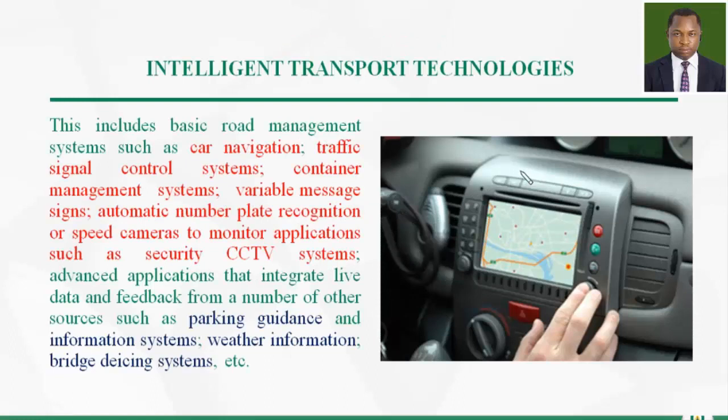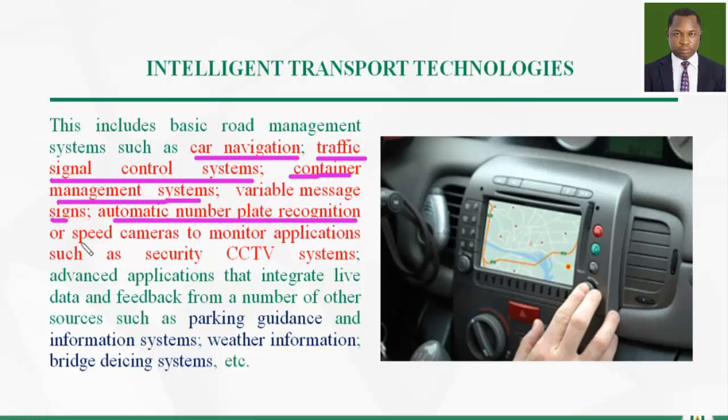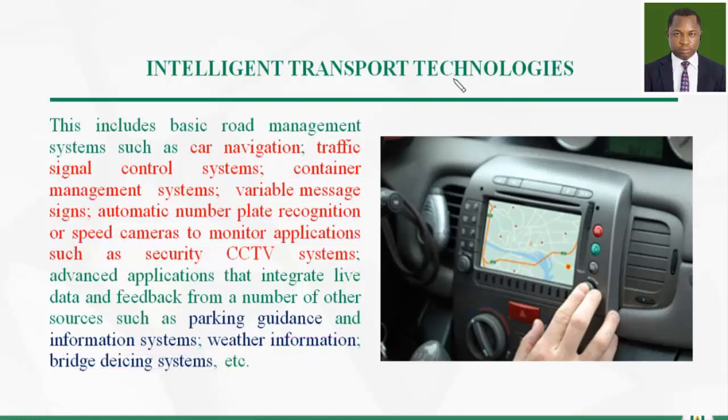This includes basic road management systems such as car navigation, traffic signal control systems, container management system, variable message signs, automatic number plate recognition, or speed cameras to monitor applications such as security, CCTV systems, and advanced applications that integrate live data and feedback from a number of other sources such as parking guidance and information system, weather information, bridge detection system, etc. Okay, now intelligent transport technologies.